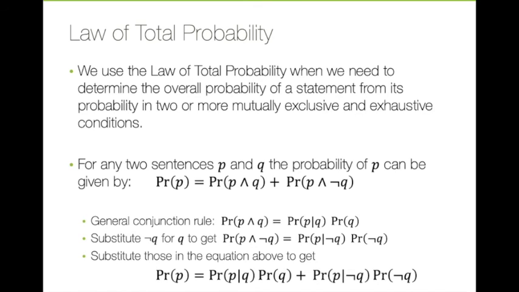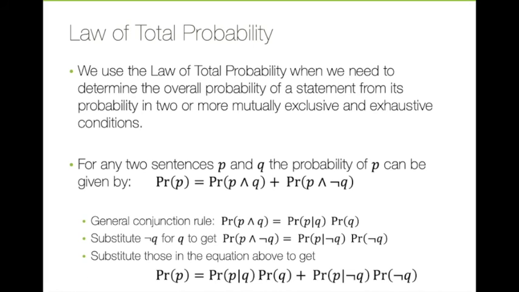So the general statement of the law of total probability tells us that for two sentences P and Q, we can calculate the probability of P by considering its probability when Q is true and its probability when Q is not true. In terms of a formula, that tells us that the probability of P equals the probability of P and Q plus the probability of P and not Q.